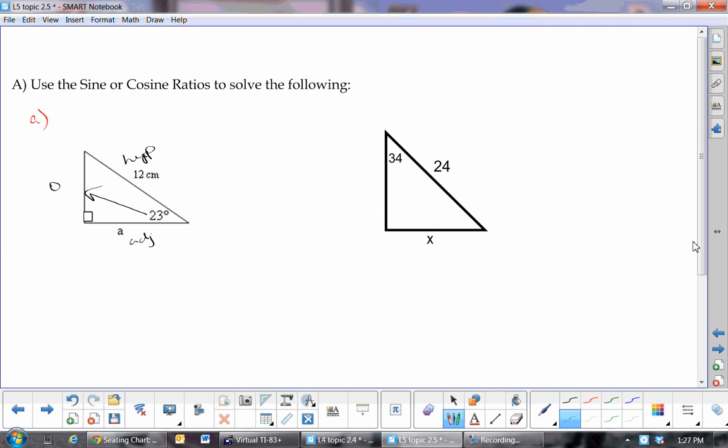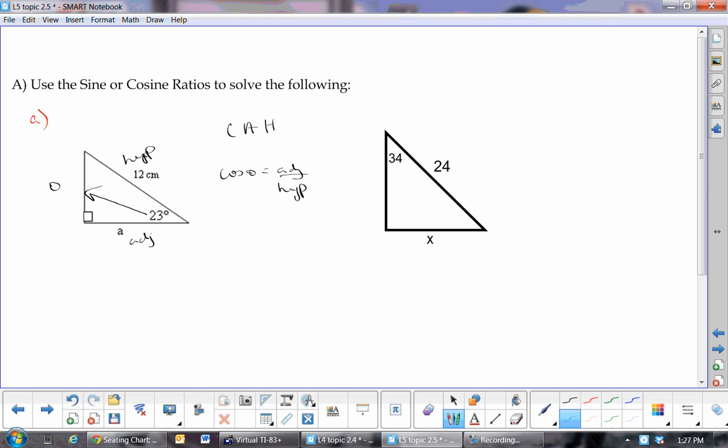So which of the ratios would I pick? Cos, right? Because it's CAH. Now remember, cos is spelled COS, so don't think it's opposite over something else. So cos theta equals adjacent over hypotenuse.